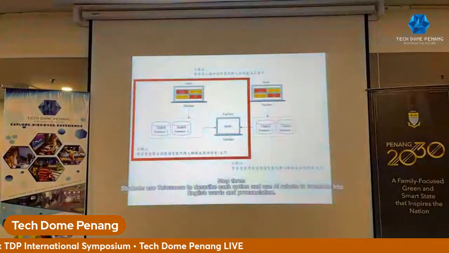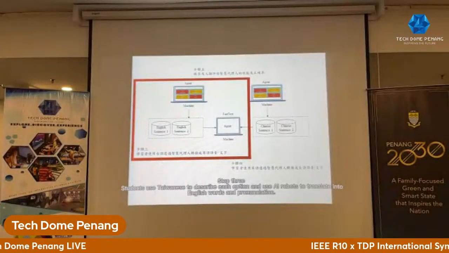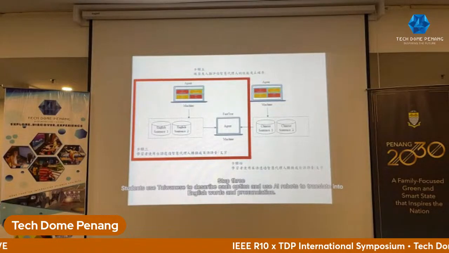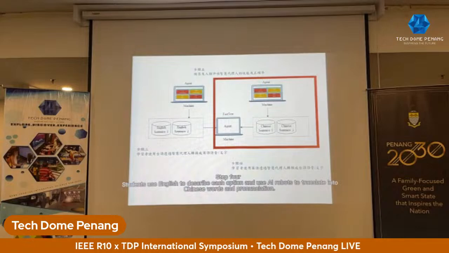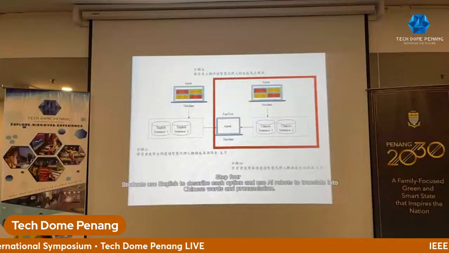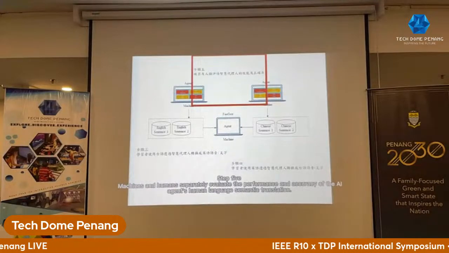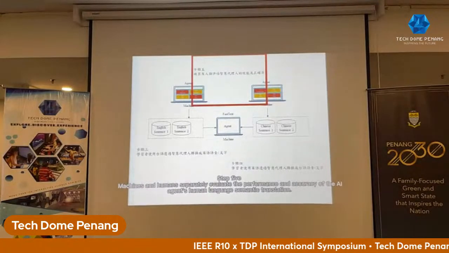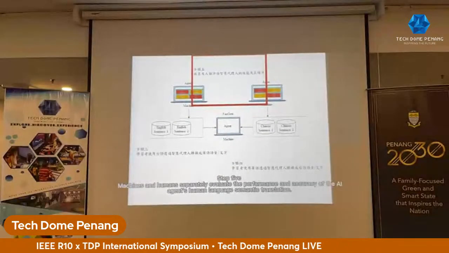Step 3. Students use abilities to describe instruction and use AI robots to translate into English words and pronunciation. Step 4. Students use English to describe instruction and use AI robots to translate into Chinese words and pronunciation. Step 5. Machines and humans separately evaluate the performance and accuracy of the AI agent's human language semantic translation.